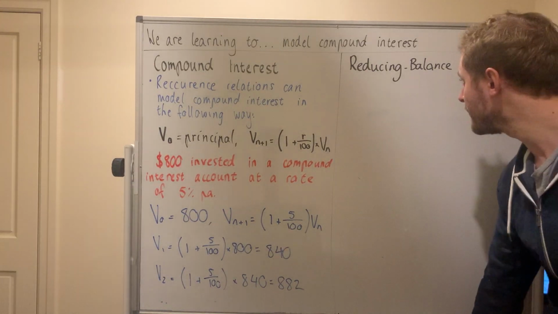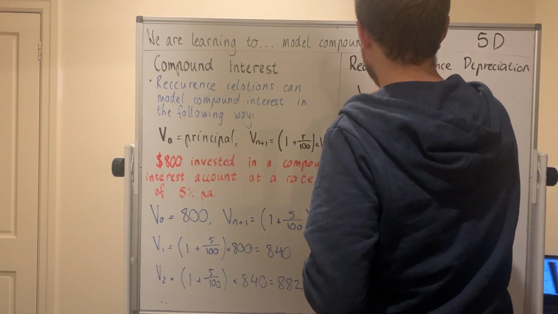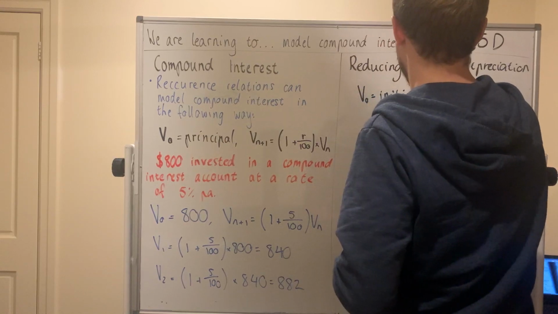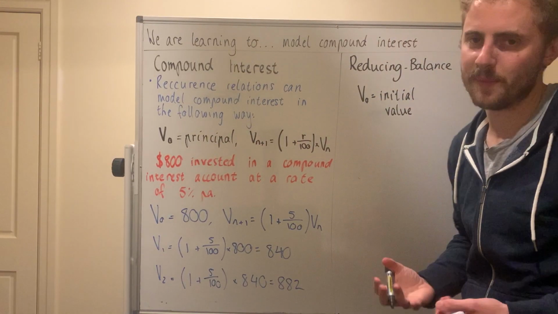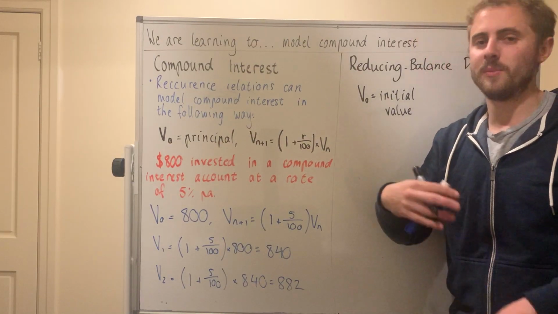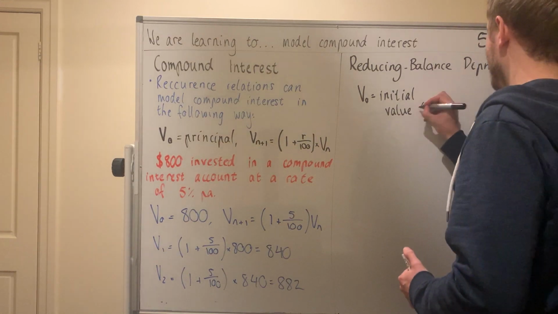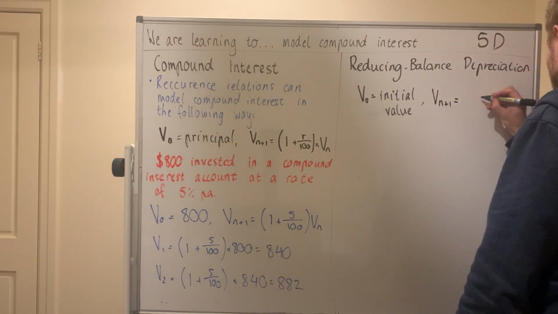Alright, I'm just going straight into the formula for this one. Same idea, we have an initial. So normally this is looking at the value of something. So the value of an asset could be the value of a car, losing value over time. And then the recurrence relation, Vn plus 1. And this one's going to look like this.